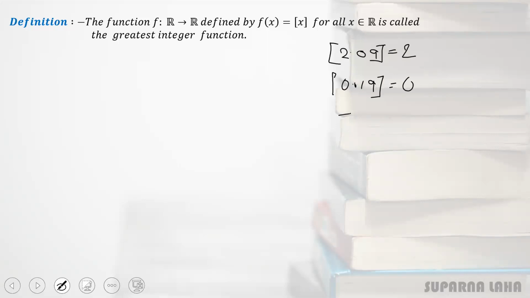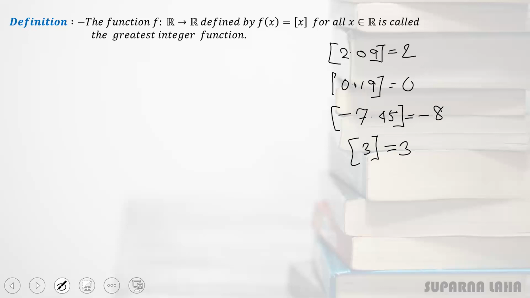Now if we take minus 7.45, what is its previous integer value? This is minus 8. So box of x means the previous integer value, or it will be equal to this integer value if x is an integer. If 3 is given, its value will be 3. Okay.